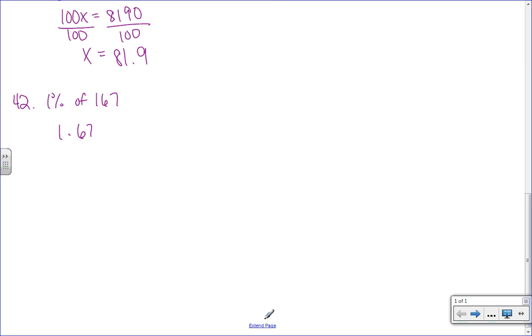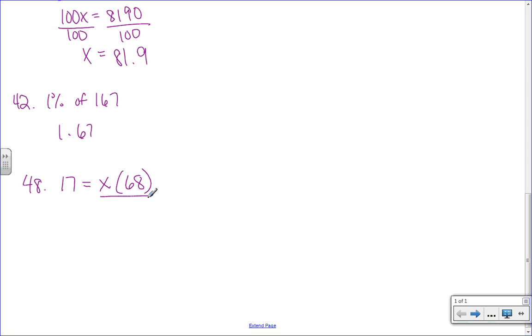Alright, number 48 is the next one. Number 48 says to solve each problem using a percent equation. And 48 says 17 is what percent of 68? So 17 equals what percent, so we don't know the percent, x, of is multiplication, 68.